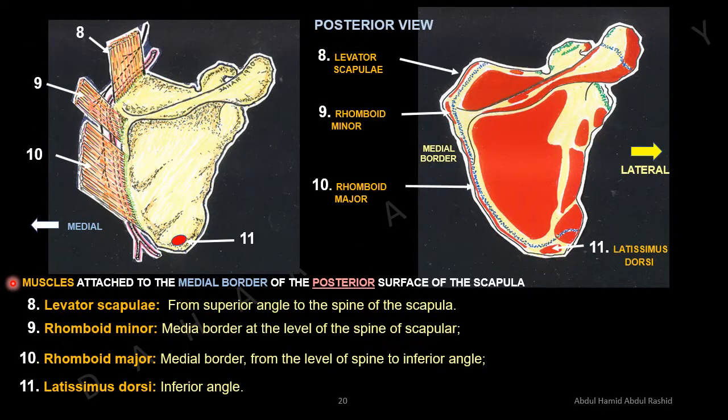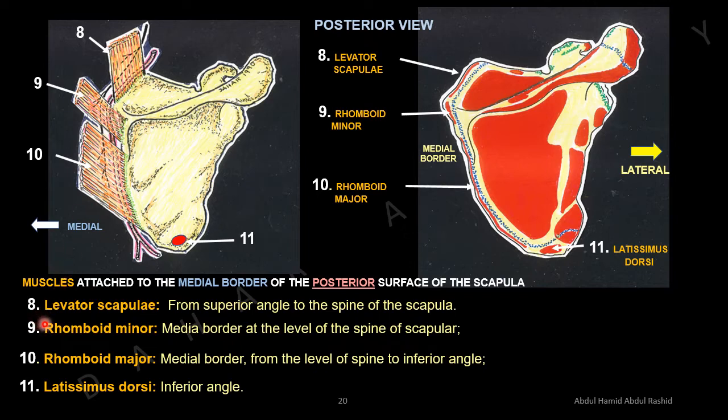Next are muscles attached to the medial border of the posterior surface of the scapula. This side is the lateral border, this is the medial border. That is the levator scapulae muscle, which is attached from the superior angle to the spine of the scapula along the medial border and posterior surface.